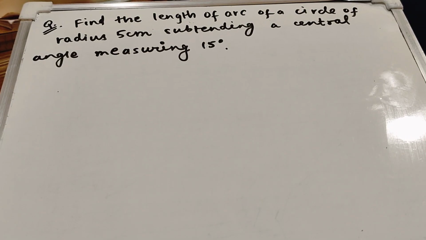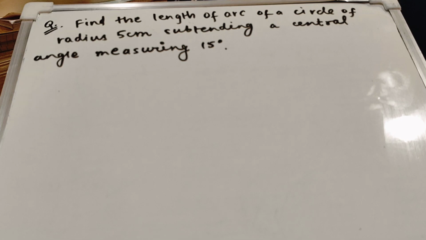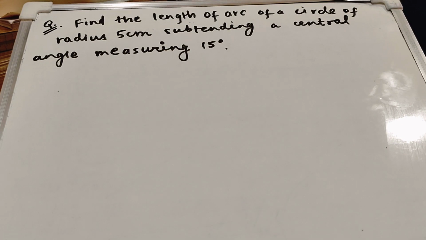Here is the third question. It says that find the length of the arc of a circle of a radius 5 cm subtending a central angle measuring 50 degree. So this question is just asking the application of the formula that we had written about the definition of radians, right?